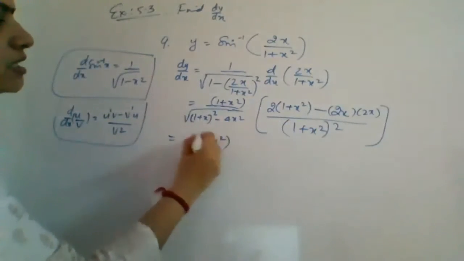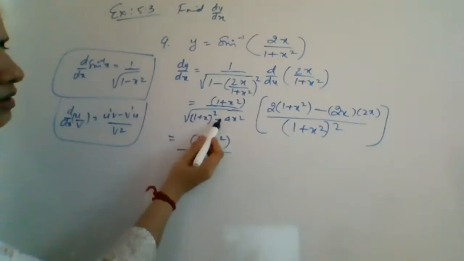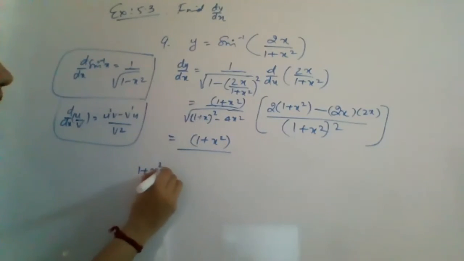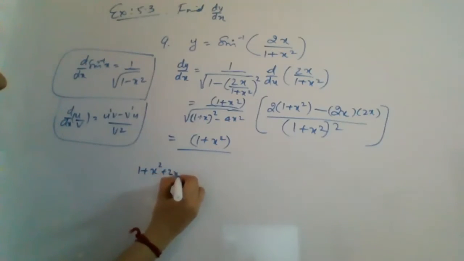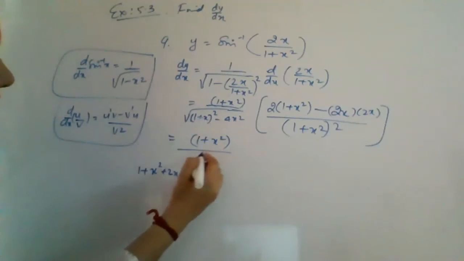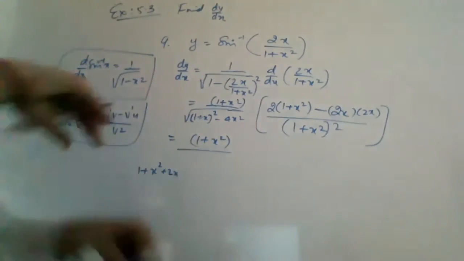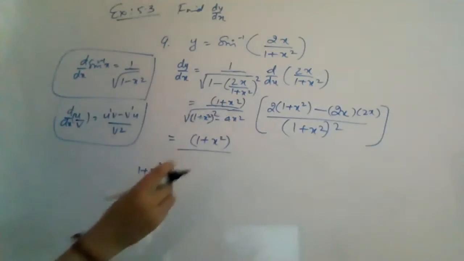Now only simplification is left. Here, since it is a plus b the whole square minus 4, how do you see this? This is 1 plus x square plus 2x, done something wrong, x square. Okay.